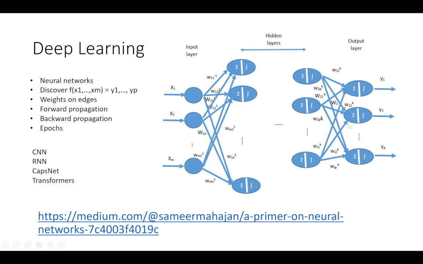In the case of supervised learning, unsupervised may not have output. Typically in a neural network, you will have output; it's labeled data. What the neural network does is discover that function f that transforms x1 through xm to y1 through yp. How does it do it?